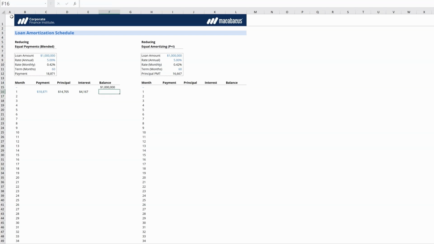So the total payment less the interest amount equals our principal amount. Now what happens to the loan balance? The loan balance goes down by the principal amount. So we're going to take the original less the principal amount paid within the blended payment, and we have our new balance.